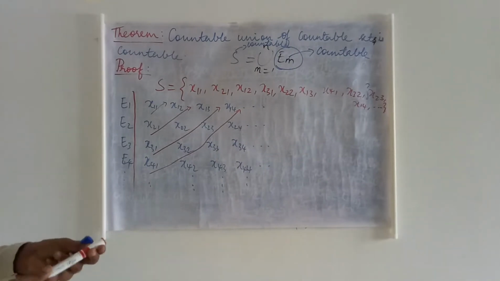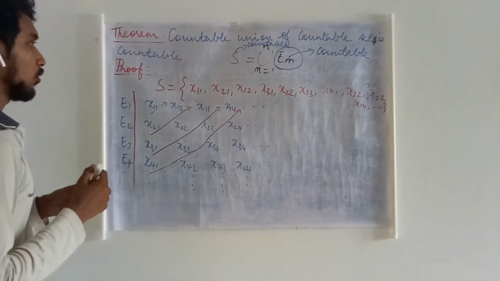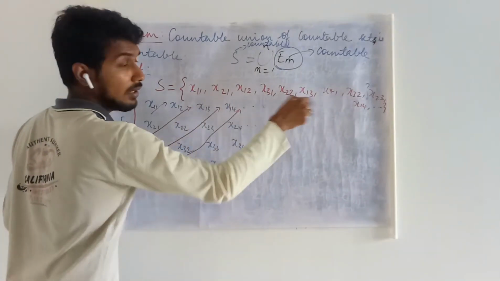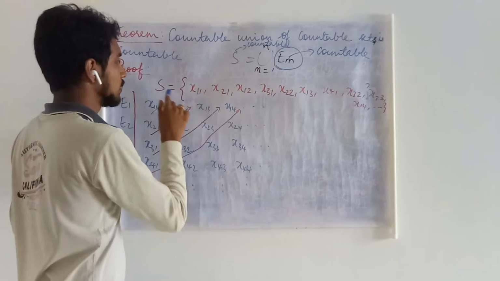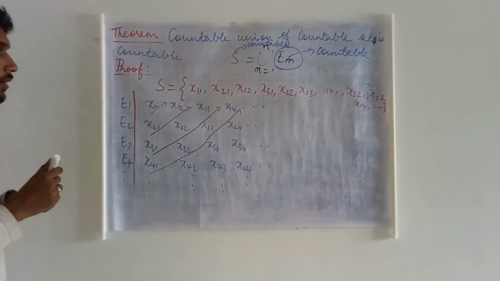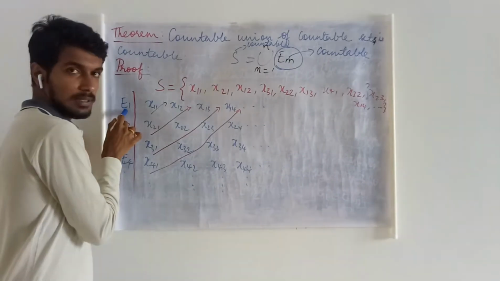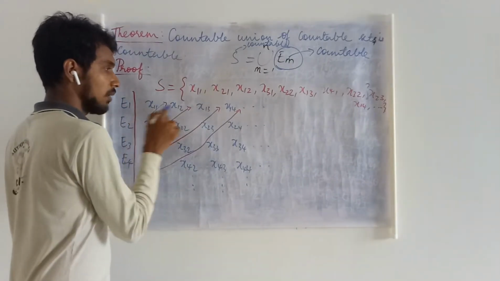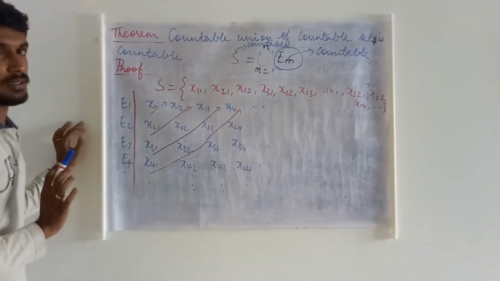This is how we find the elements. Now if we show this is in some sequence, we can say that S is also countable. By saying E1 is a countable set, we mean the elements are distinct, and they can be arranged in a sequence.